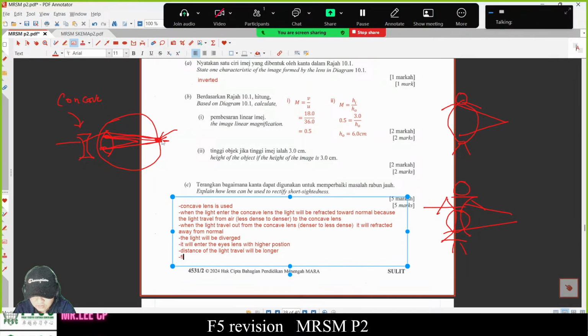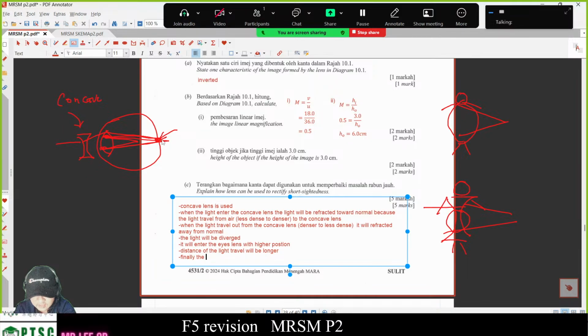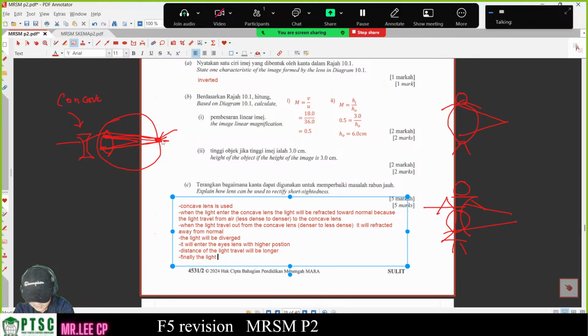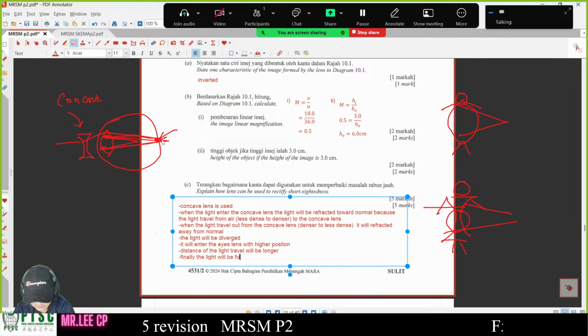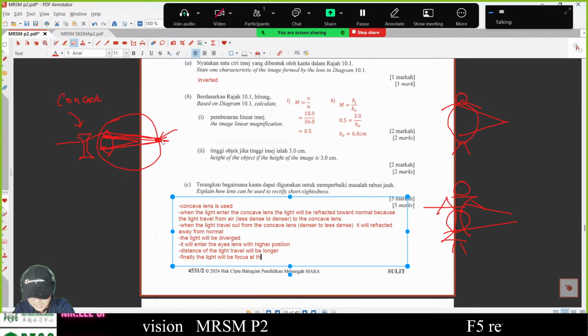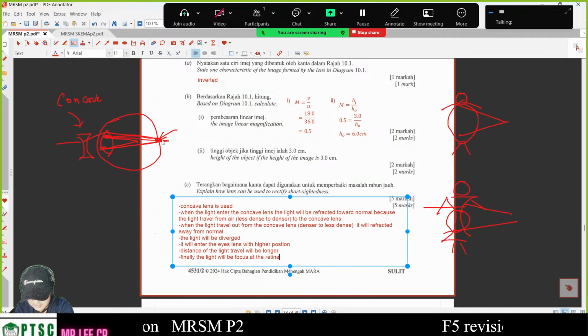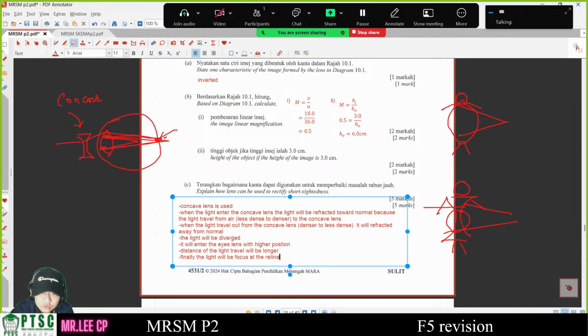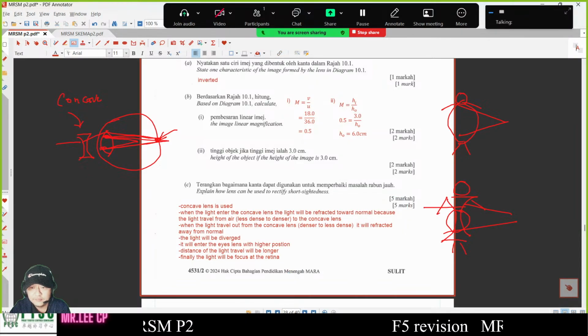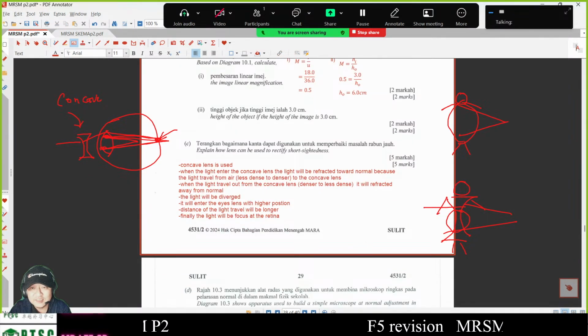And finally, the light will be focused at the retina. Okay, so you want it to focus at the retina. So this is my answer.